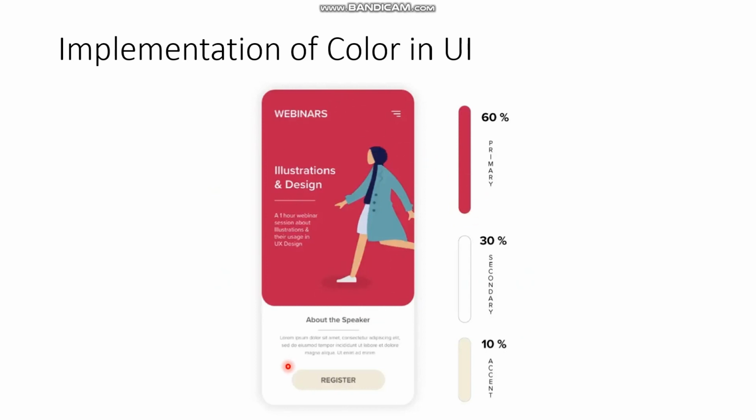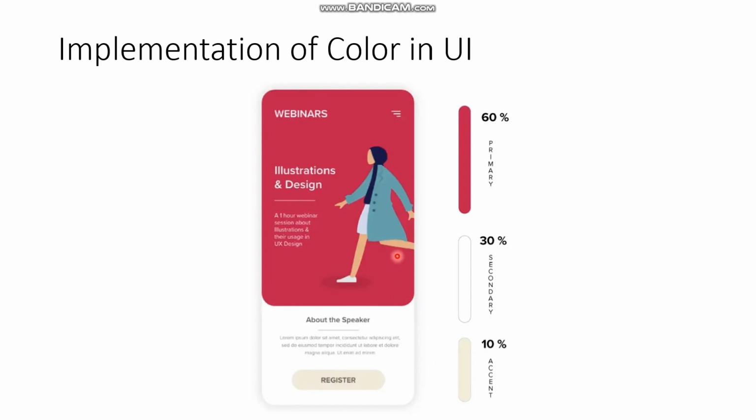And how to apply it in the UI. Okay, this is a mobile app. Normally we'll use the 60, 30, and 10 rule. So the 60% is the primary color, the dominant color, which is red. The secondary color, which is the second color, is white. And then the highlight or the accent is 10% here, which is, I would say, like peach.